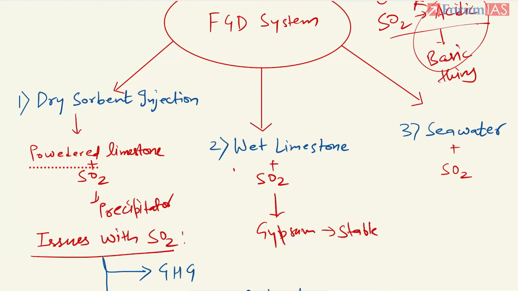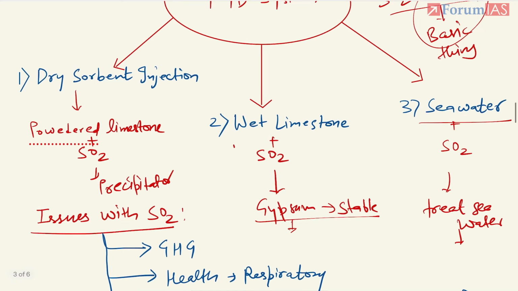So it makes gypsum and SO2 is removed. Gypsum is used in construction activities also. The third is seawater. Seawater being basic, when it reacts with SO2, it absorbs SO2. Then we can treat the seawater and release it back.